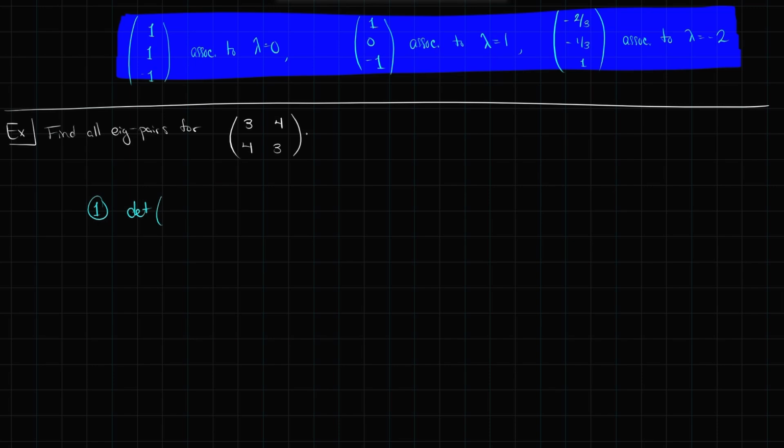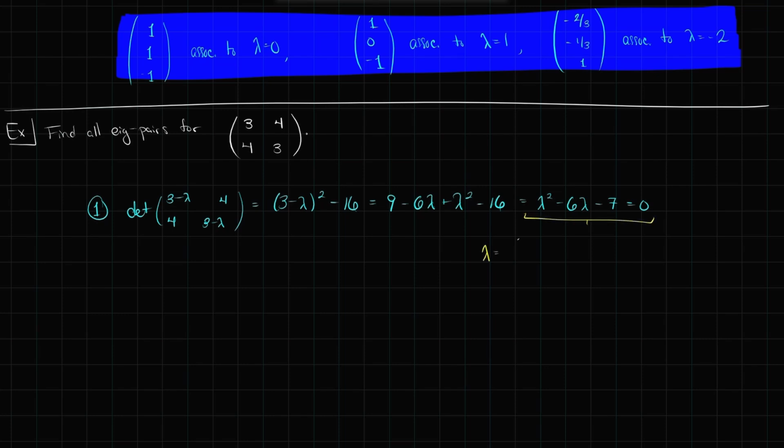We're going to compute the determinant of 3 minus lambda, 4, 4, and 3 minus lambda, which will be 3 minus lambda squared minus 16, which is 9 minus 6 lambda plus lambda squared minus 16. That is lambda squared minus 6 lambda, and 9 minus 16 is negative 7, equals 0. We're going to use the quadratic formula here.